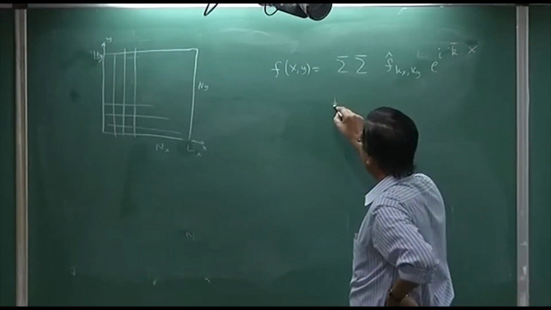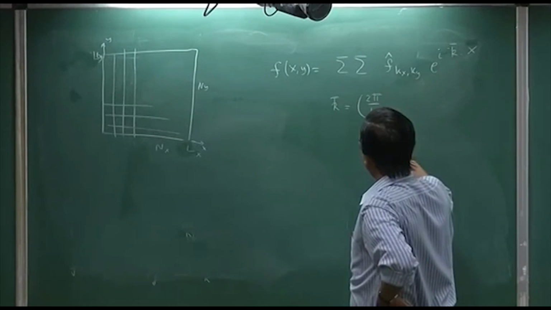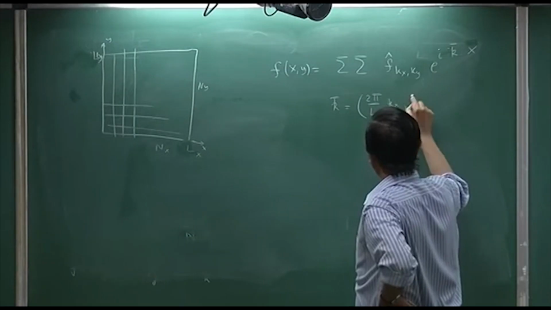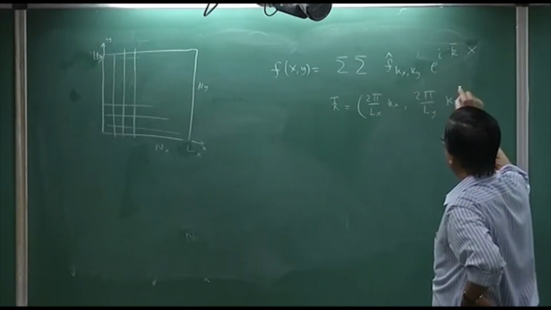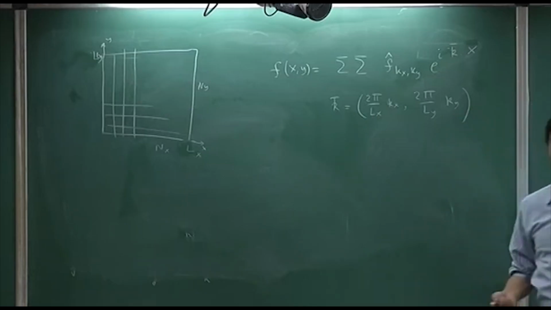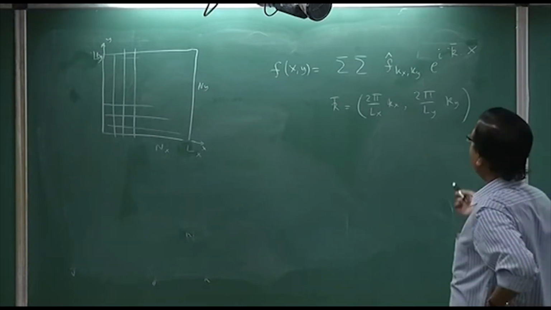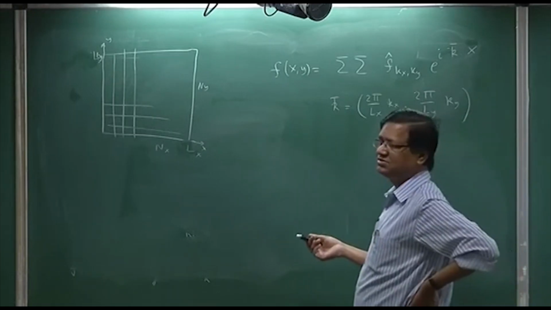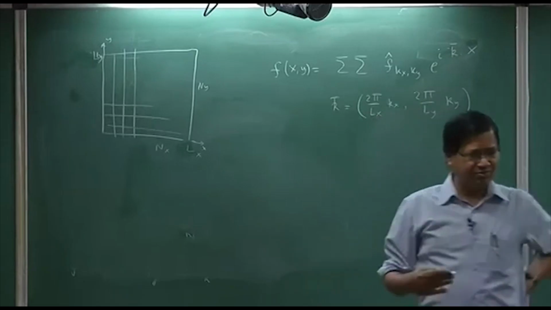K bar is a vector whose components are 2 pi by Lx times kx, comma, 2 pi by Ly times ky. Kx and ky are integers. It is just a simple generalization of 1D to 2D, and I can invert it. The inverse will be two integrals. So, we can exactly generalize 1D to 2D in a straightforward way.